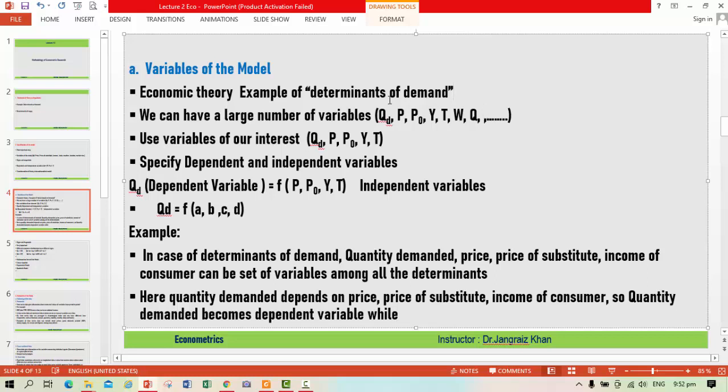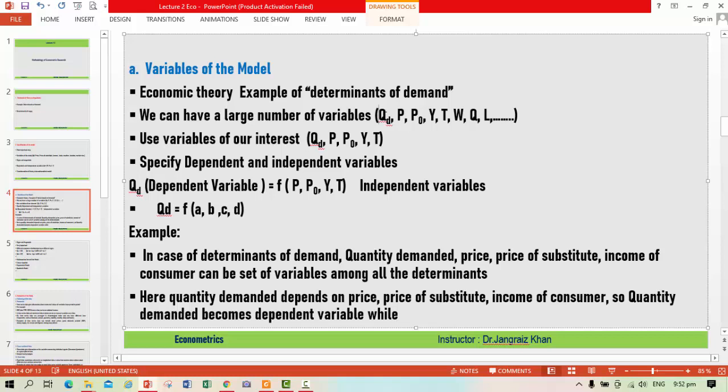There can be a number of variables, such as location. What we do is first specify the variables that can be the expected variables which can affect the demand. We cannot include all these variables in our model due to some limitations.